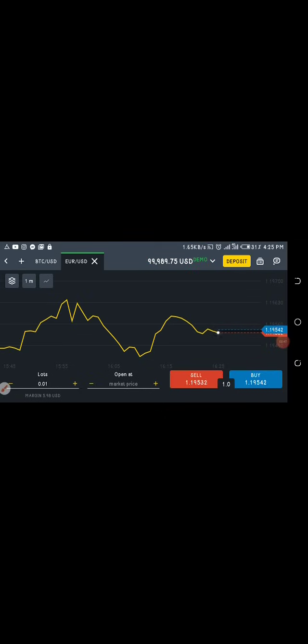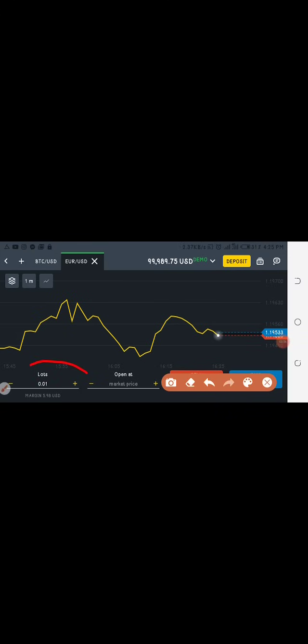Now, I told you sell euro to USD. Now it's quite the same as MetaTrader 4. Here is your lot, the amount you want to trade with.